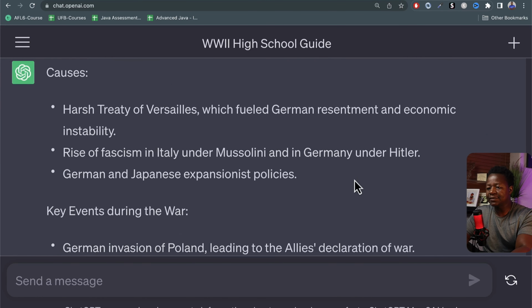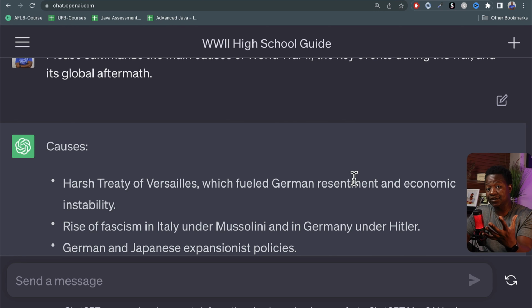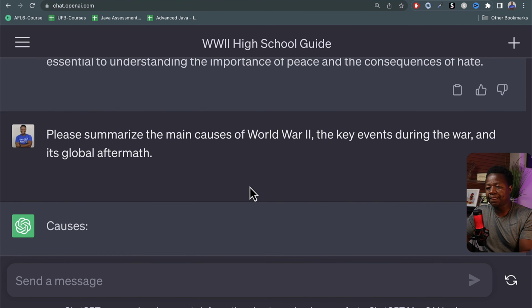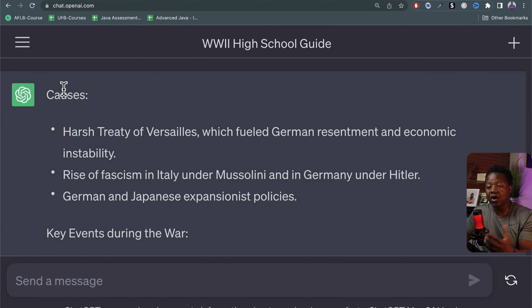So now you can see ChatGPT went ahead and put together the causes, because that's one of the keys that we asked it to consider, right? The main causes first, and then the key events during the war, and then its global aftermath. And you see here we have the causes: harsh Treaty of Versailles, rise of fascism, Japanese expansion policies.